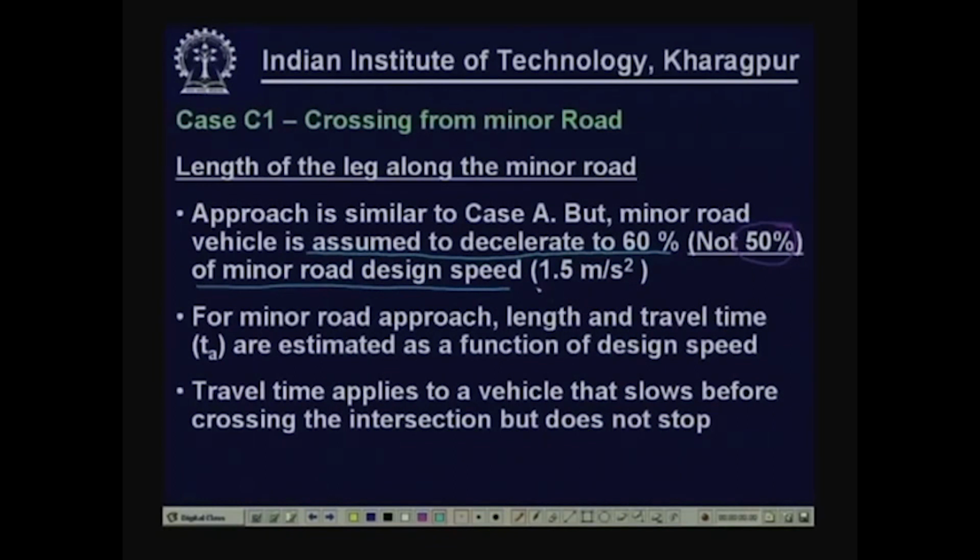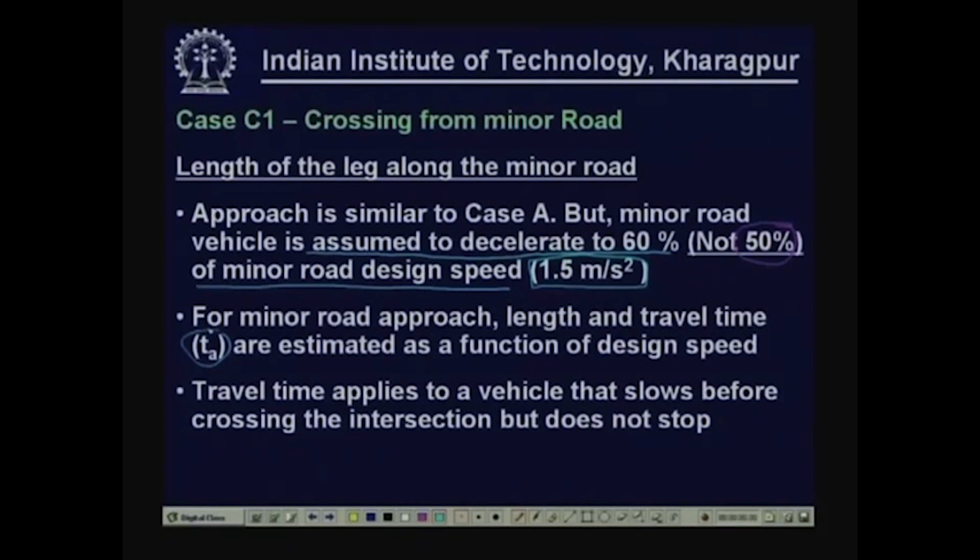This was the same deceleration rate assumed for case A also. Now, for the minor road approach, length and travel time, which we can refer to as TA, are estimated as a function of design speed.